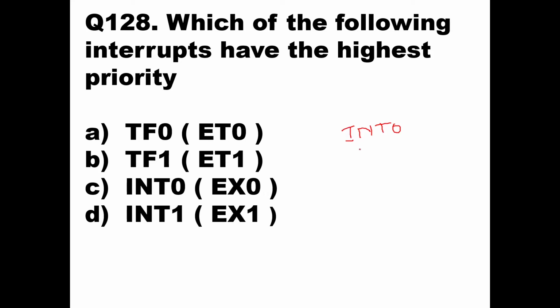INT0 will be the highest priority, and then you will have timer overflow flag 0, and then INT1, then timer overflow flag 1, and then the serial or communication interrupt flags for receiving interrupt and transmitting interrupt. In this, the highest priority is for INT0, external interrupt 0.